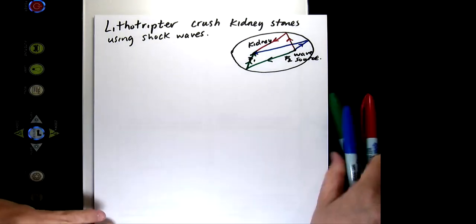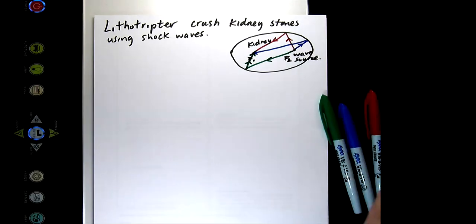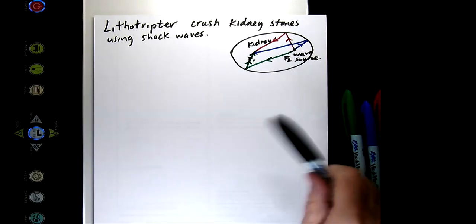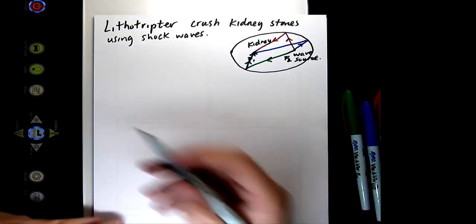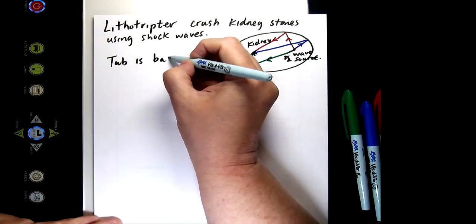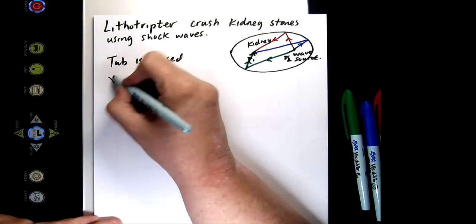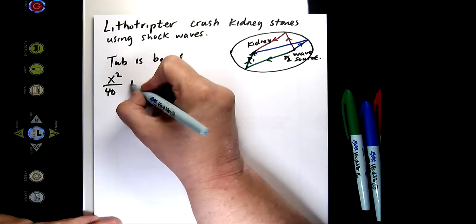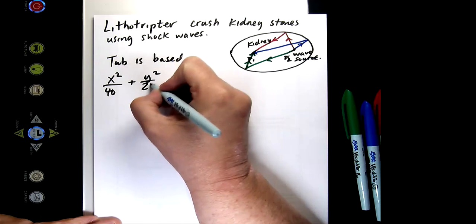So obviously the size of the tub is going to change the position. So let's say the tub is based on x squared over 40 plus y squared over 24 equals 1.